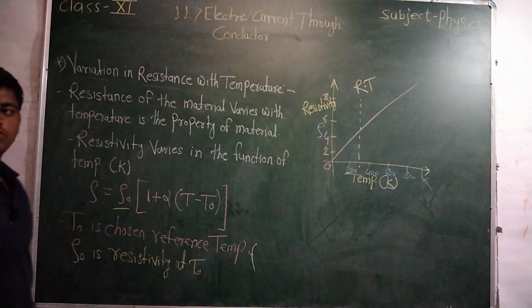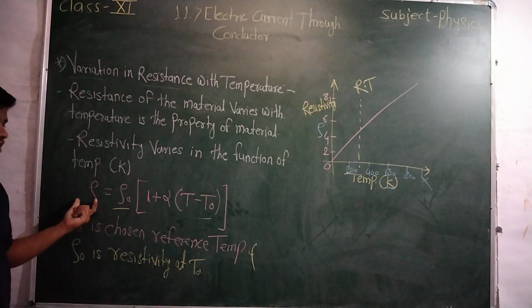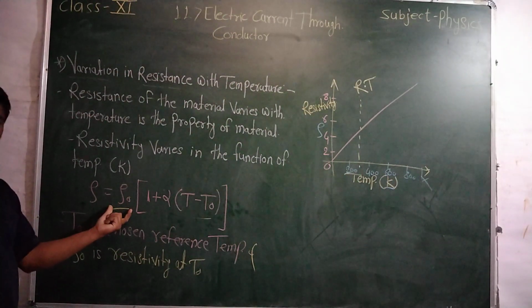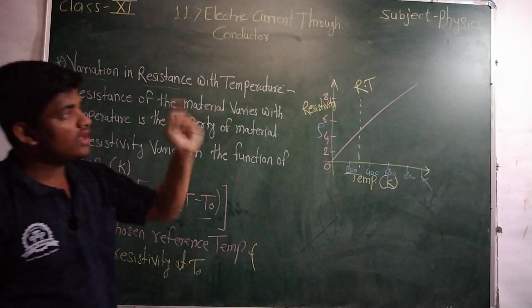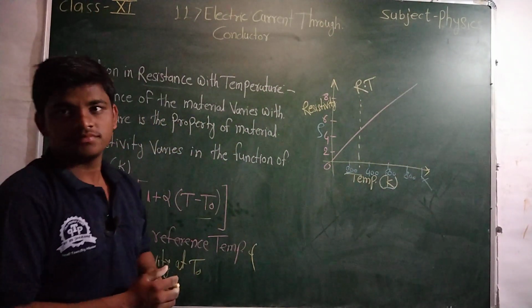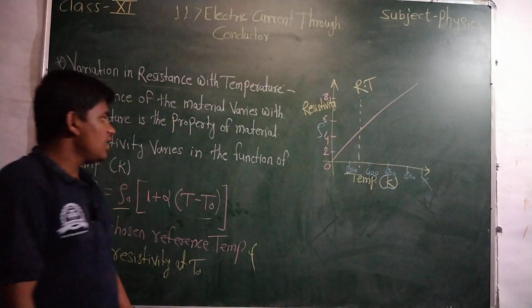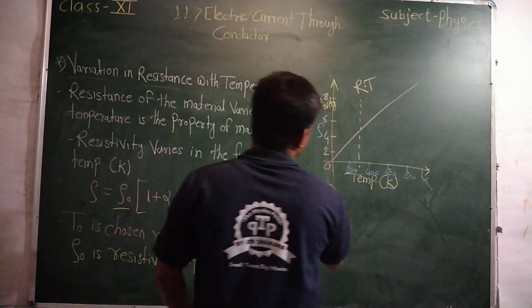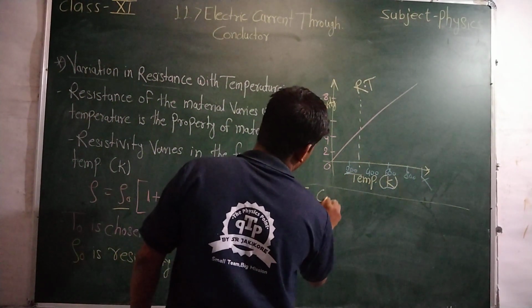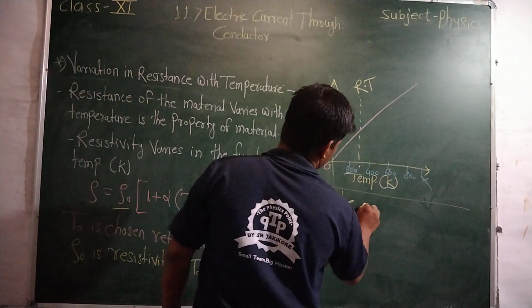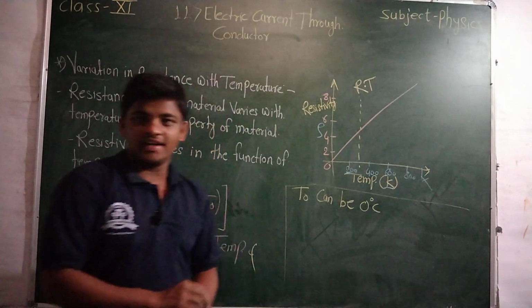These are all the equations I will write here. T0 is one of the reference temperatures, and T0 can be 0 degrees Celsius, that is, 0 degrees centigrade.